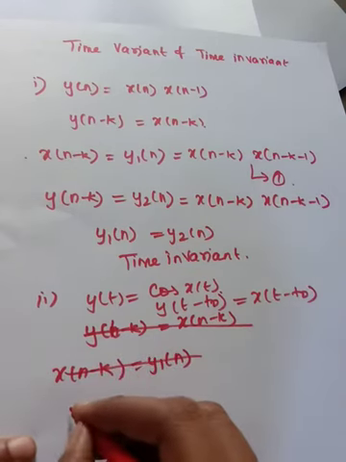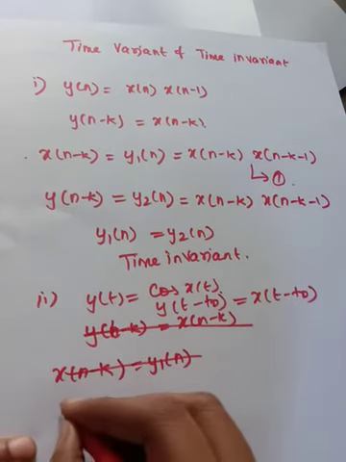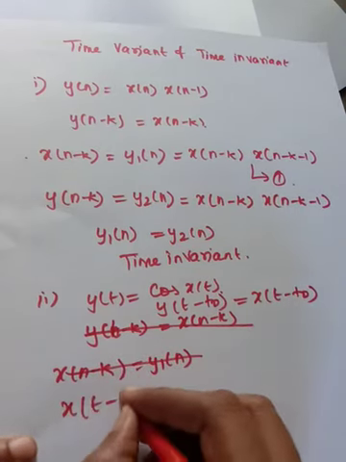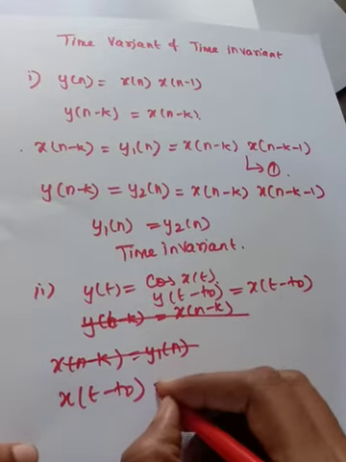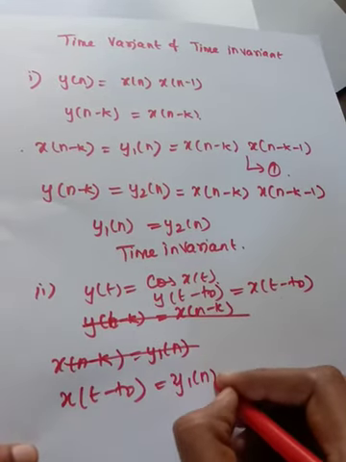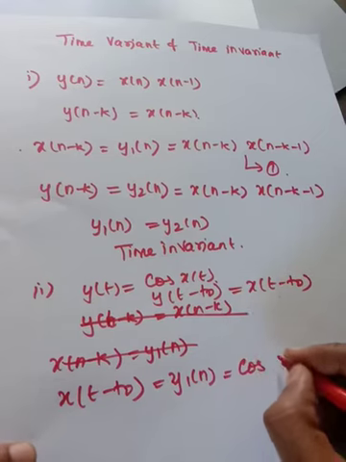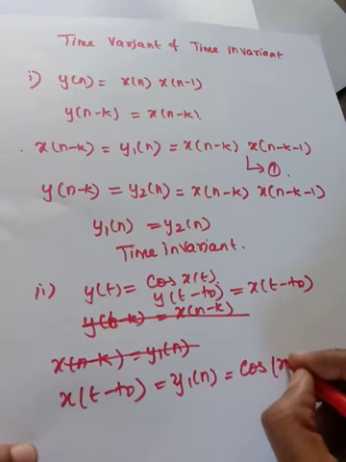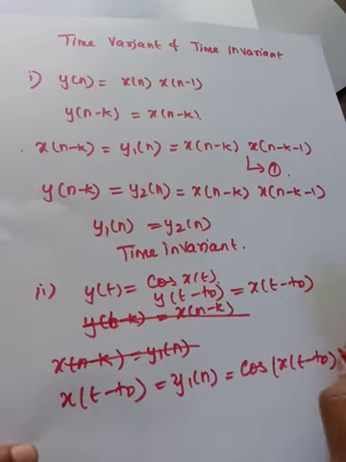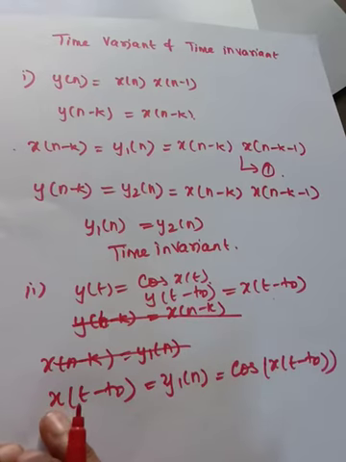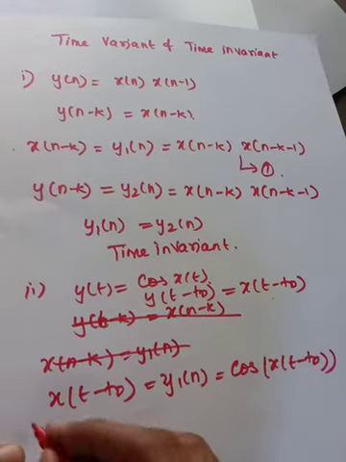First I need to substitute for x of t, x of t minus t naught, which gives y1 of t equal to cos x of t minus t naught. Wherever I am having x of t, I am replacing it with x of t minus t naught.